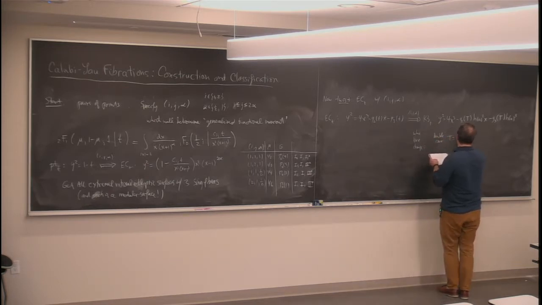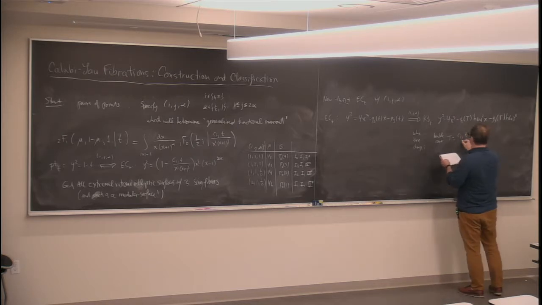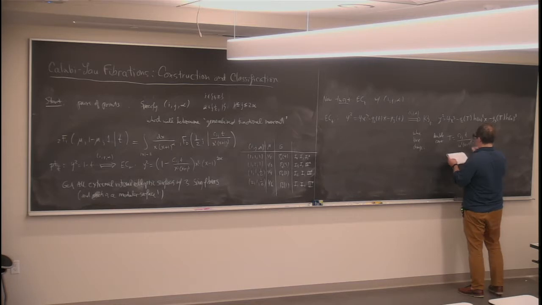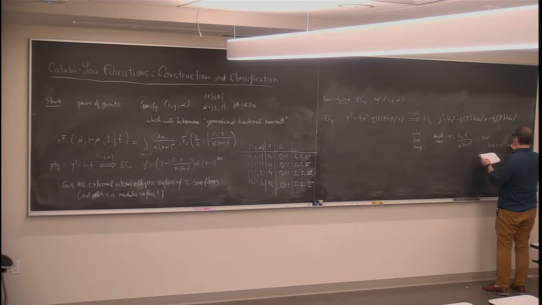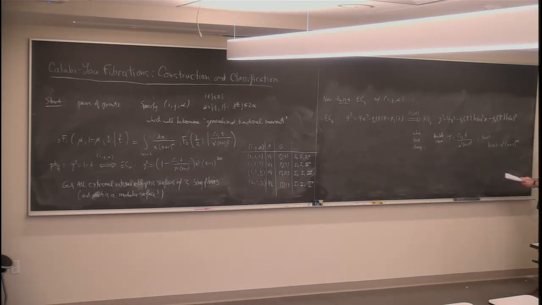Big T equals the C_ij little t over u to the i, u plus 1 to the j. And then we have the twist. So that's h of u is u squared, u plus 1 to 2 alpha. Okay? So we have both our t dependence and our u dependence.